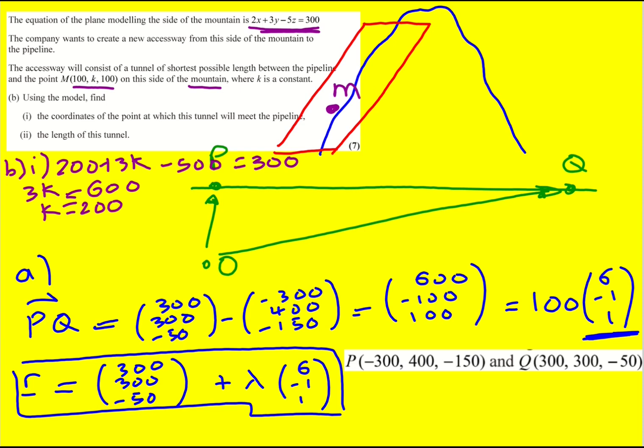And then I want to investigate where it's going to meet the pipeline. Now, because we're looking for the tunnel of shortest distance, let's move away from the world of 3D vectors: if we've just got a point in two-dimensional space and a straight horizontal line, then to get there in the shortest possible length, we're just going to go straight down at a right angle.